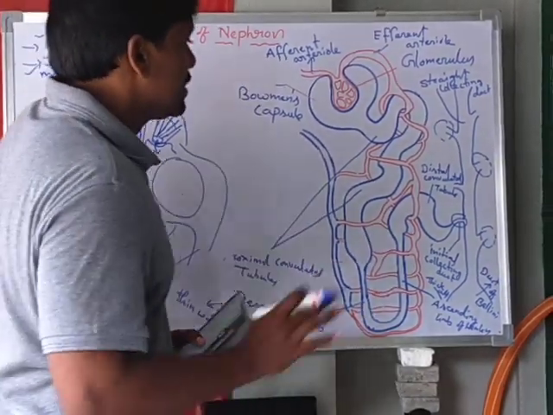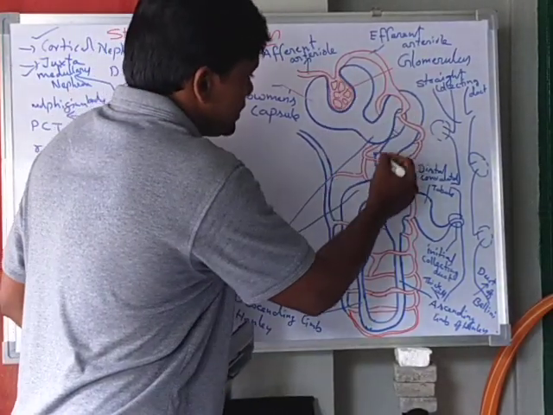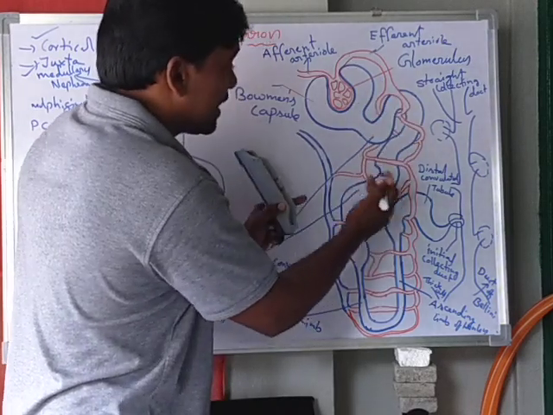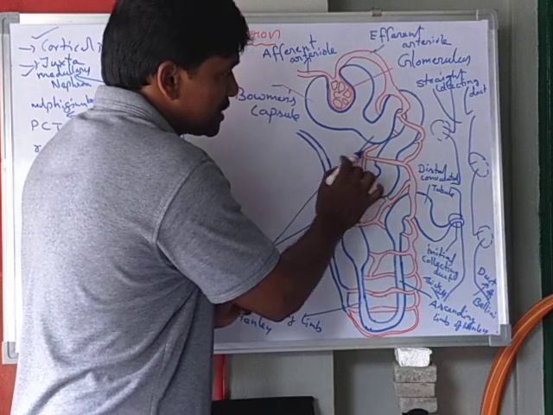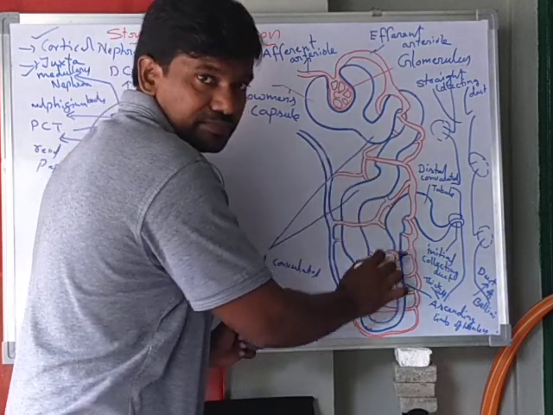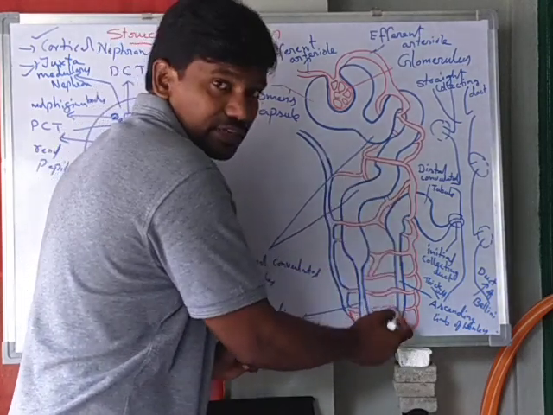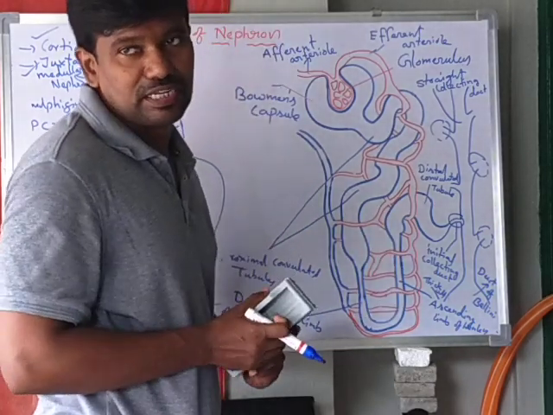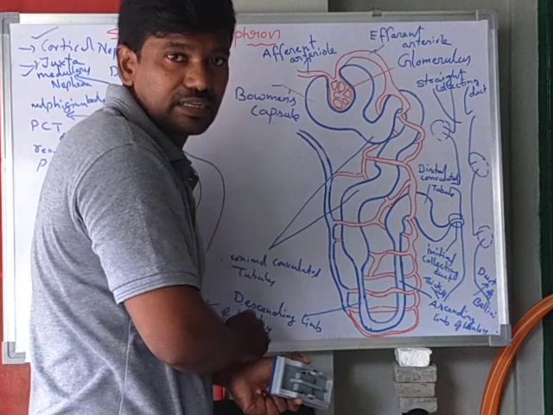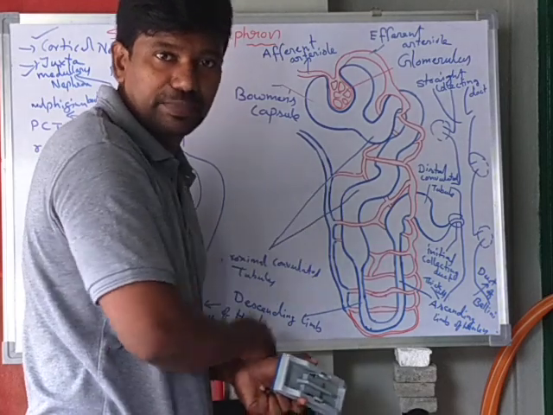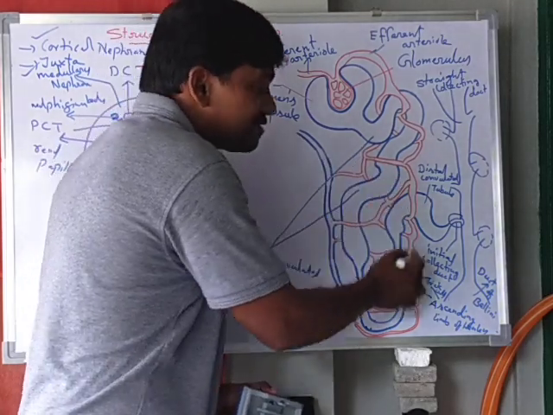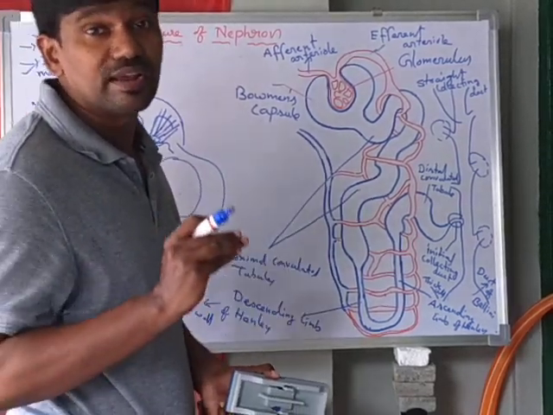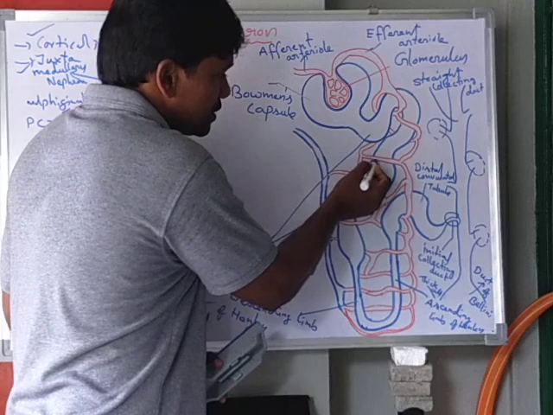Here we see some blood capillaries arranged like a network, marked by the red color. This red colored network is called the peritubular capillaries. They are the blood capillaries which form a network.